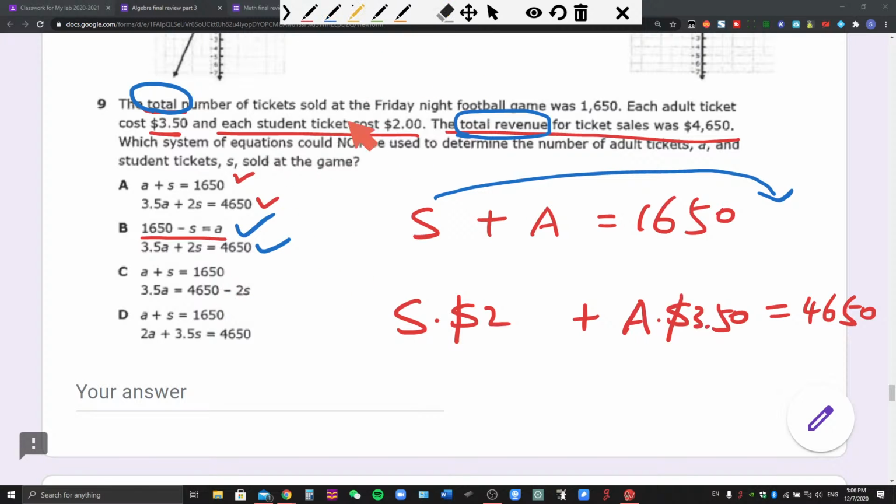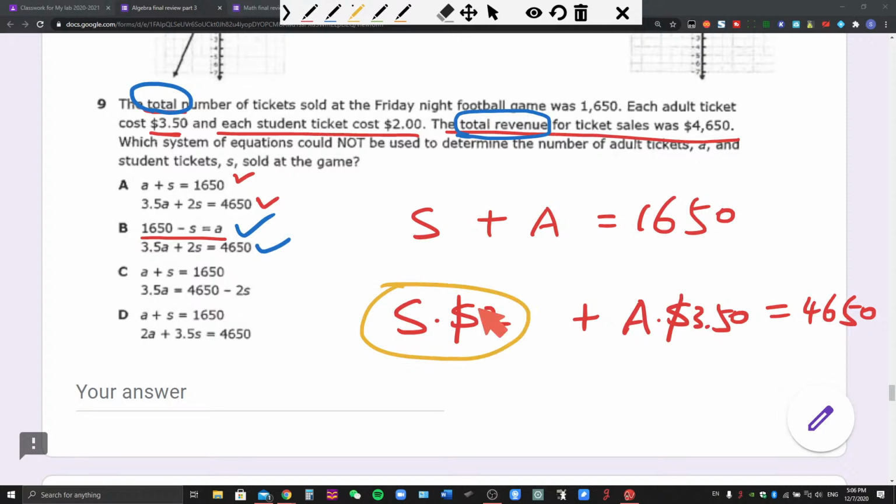Now the third one. A plus S, yes. 3.5A equals, right? So what happened here is we move this to the other side, then you have 3.5A equals 4,650 minus 2S. So they are correct. Let's check the last one.